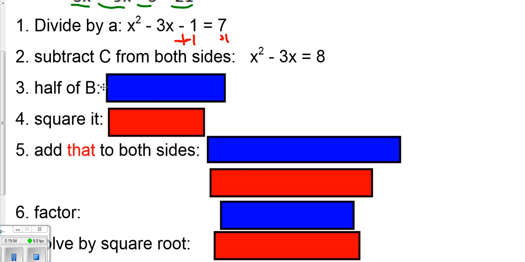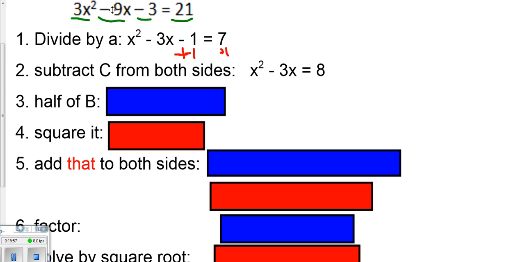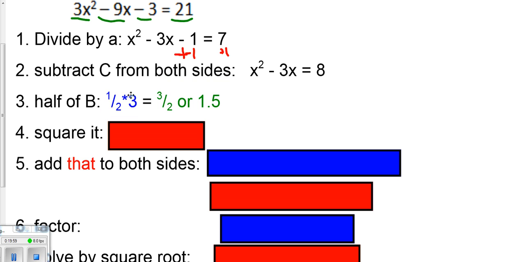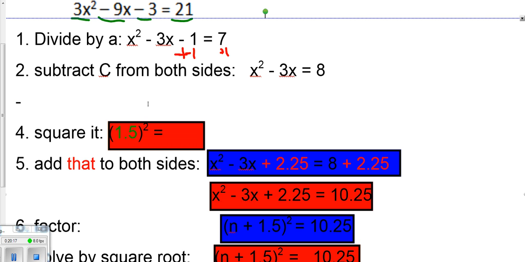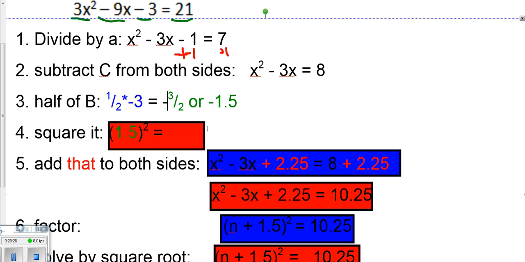Off on the side, calculate half of b. Oops, actually, in this case, we're looking for half of negative 3. We're not using this one anymore, we're using this one. So we're looking for half of negative 3, which is negative 3/2 or negative 1.5.